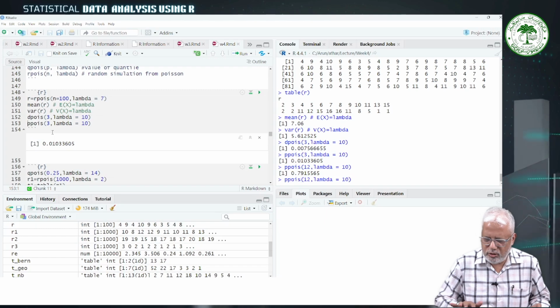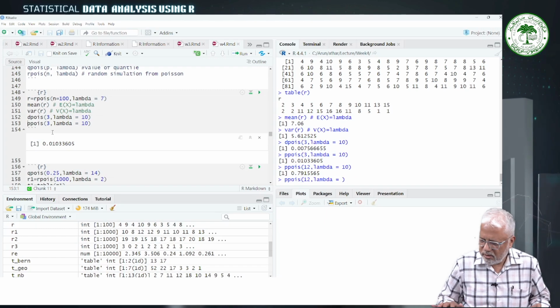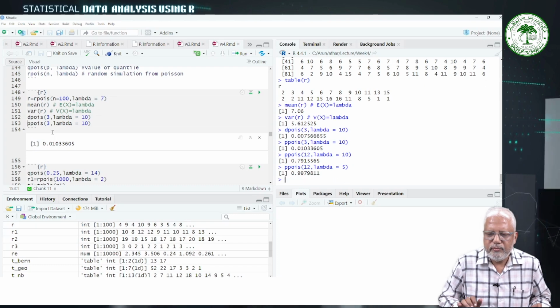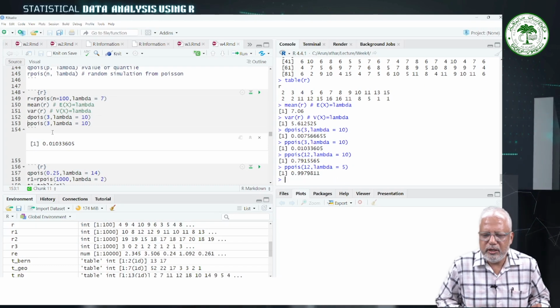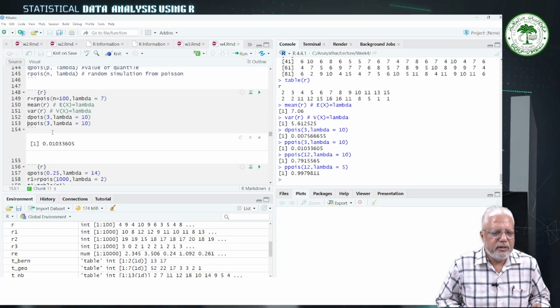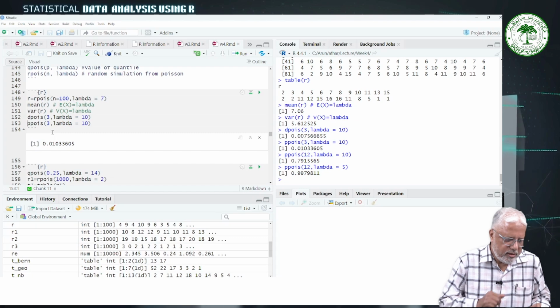Similarly, if we reduce this to 5, this ppois is 0.99. So this is the role of the lambda.